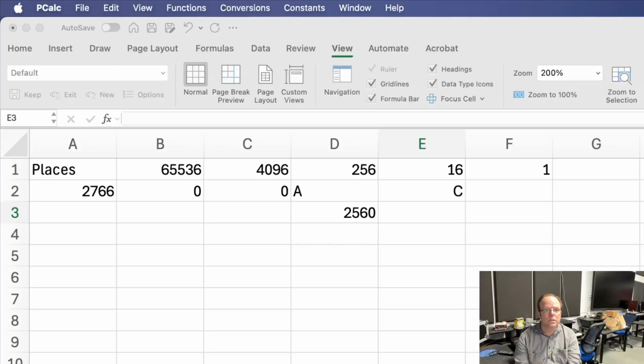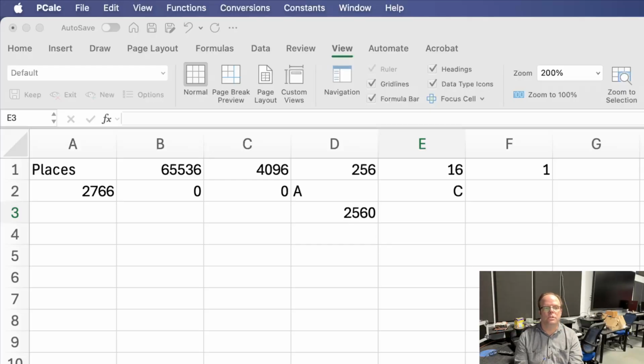Well, let's see. If we divide this by 256, it says I can get 10. Okay, so 10 is encoded as A. All right, great. So what is 10 times 256? 2,560.